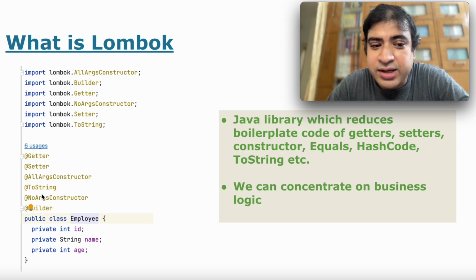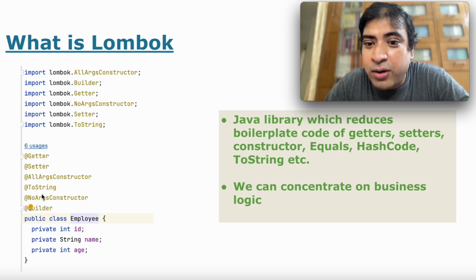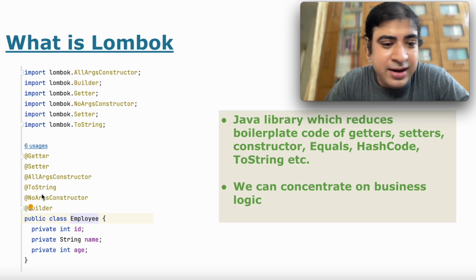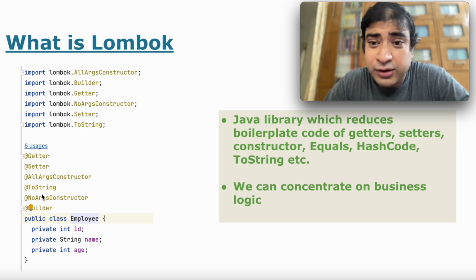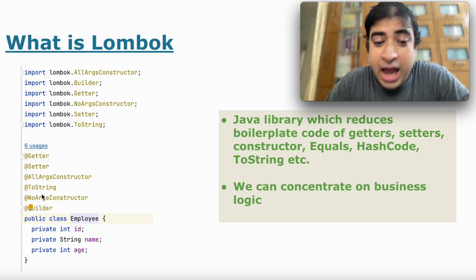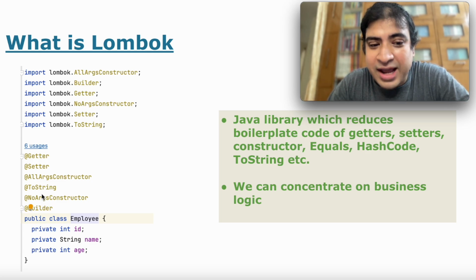We just need to add the Lombok dependency in our Maven pom.xml, and then Lombok will generate everything. That's the way we should write modern Java classes. Please keep that in mind. If you are still writing setters, getters and constructors by hand in Java, please do not do that anymore. And I'm going to show you a demo of how we can achieve it using Lombok.